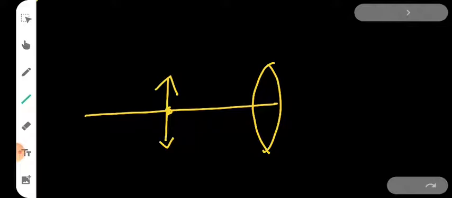So the image of that point will be, see, which ray would you use? Since it's coming from focus, I can use a ray moving parallel to the axis. So that is your first ray, ray 1, passing through the lens. What about the second ray? Again, I can use a ray which is moving through the pole of the lens.